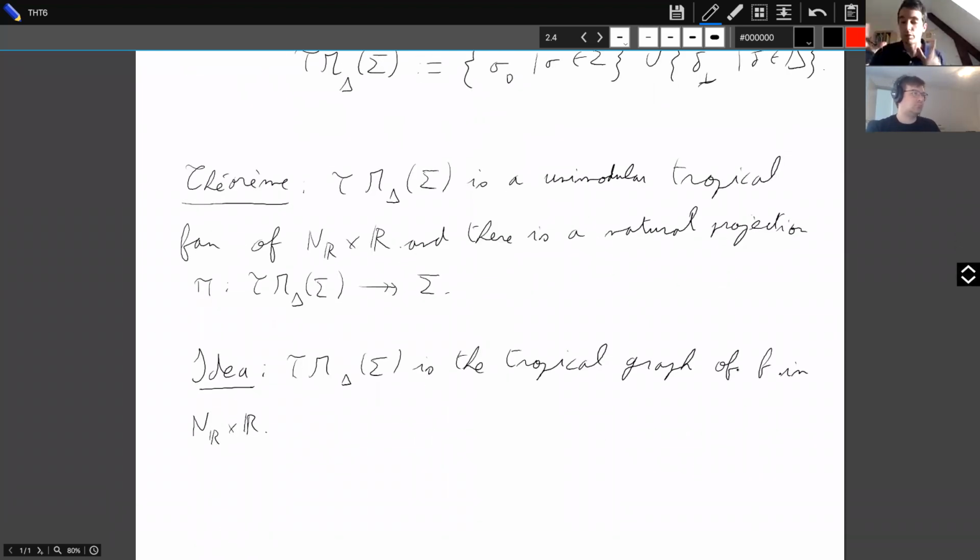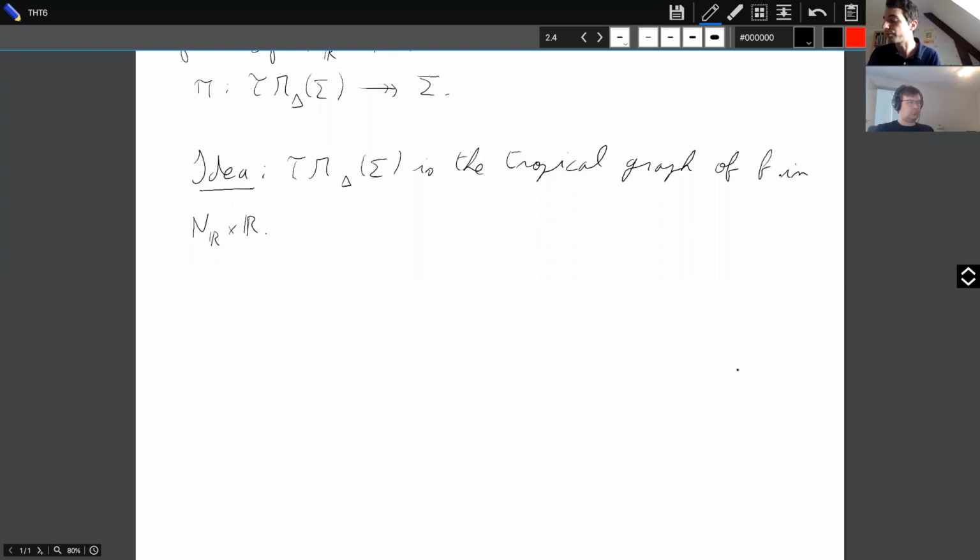So you have to think of it more as the tropical graph of sigma by f. If you take just the graph, you will not have a balanced thing, but it's a tropical world. It's a bit weird, so it's natural to add these vertical things. So what I will say is not entirely true, but it's really the idea.